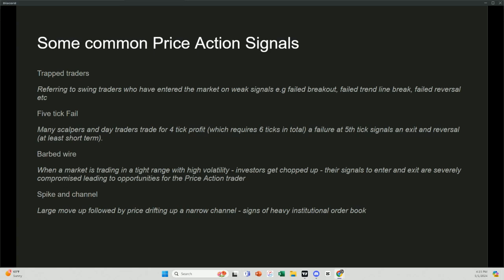So you can see from all these common price action patterns, signals, whatever you call them, they're all based around that human fallibility piece. So you're taking advantage of that human behavioral element, and you're looking for that to come through in the actual price.